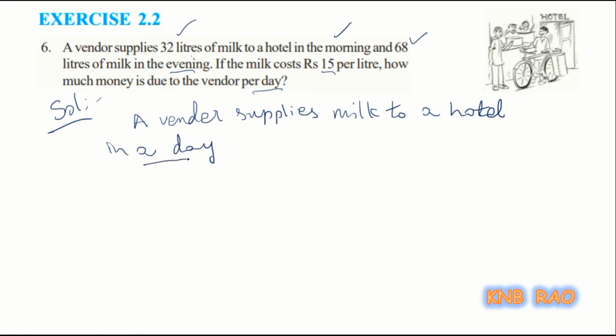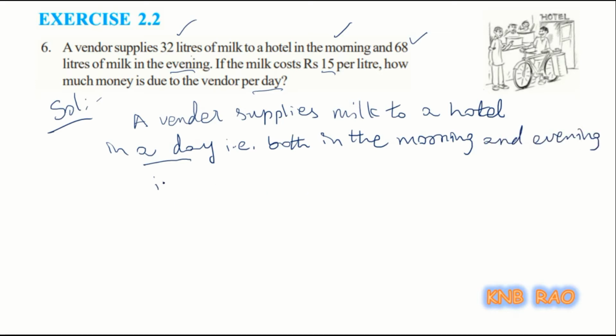In a day means it includes, that is, both in the morning and evening is 32 plus 68 liters.